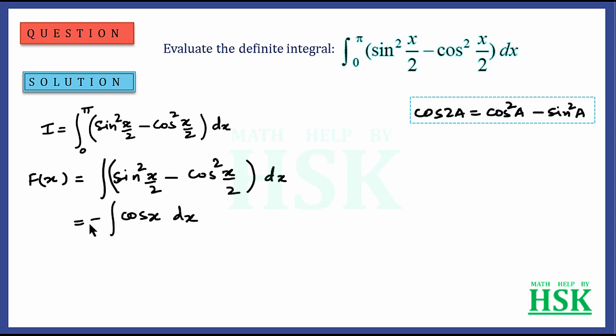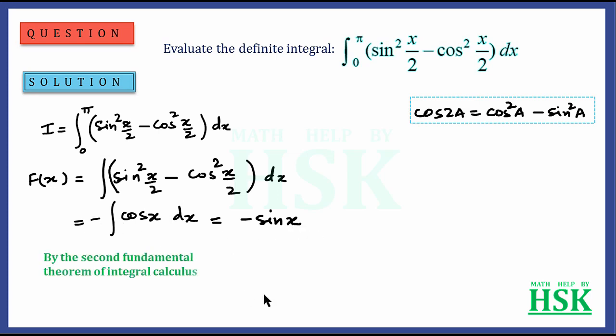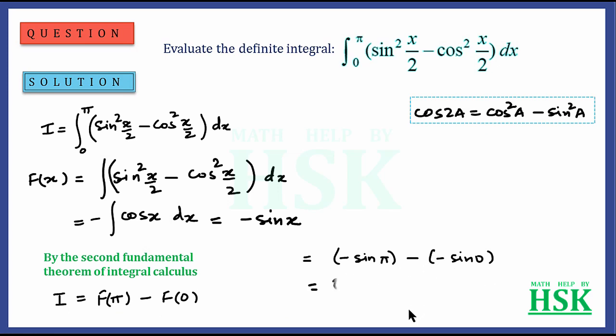Therefore f(x) is equal to minus times the integration of cos x with respect to x. Now we can easily integrate cos x as equal to sin x, so this integral is equal to minus sin x, and by the second fundamental theorem of integral calculus I can write I as equal to f of pi minus f of 0. So this is equal to minus (sin pi minus sin 0). Sin of pi is equal to 0, sin of 0 is equal to 0, which gives me the required answer.